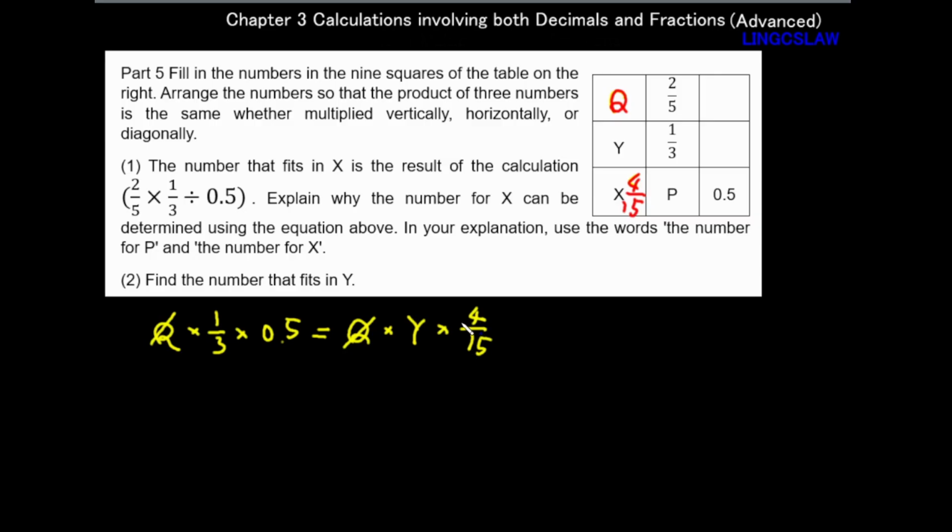That means multiply by 15 over 4. 0.5 is the same as 1/2, and multiply 15 over 4 equals Y. And let's reduce this 5. So Y equals 5 over 2 times 4 equals 8. This is the answer.